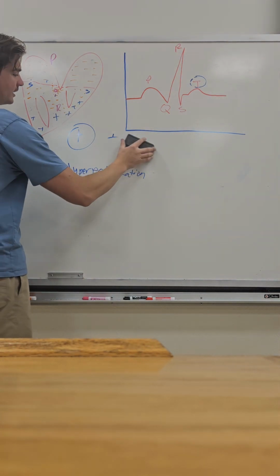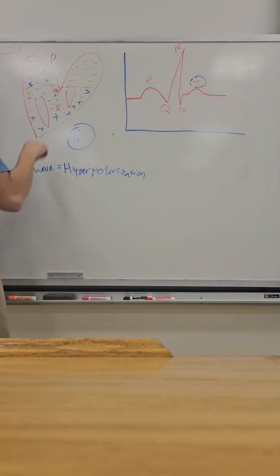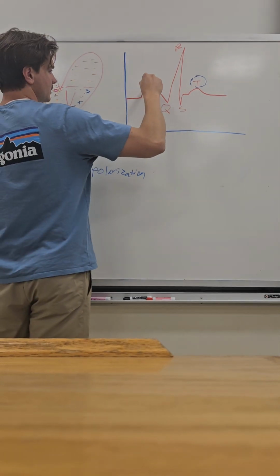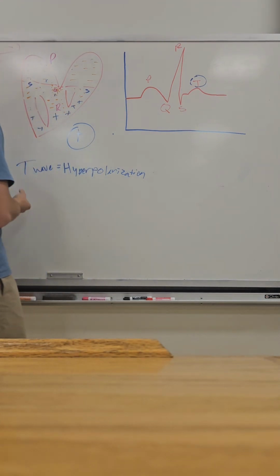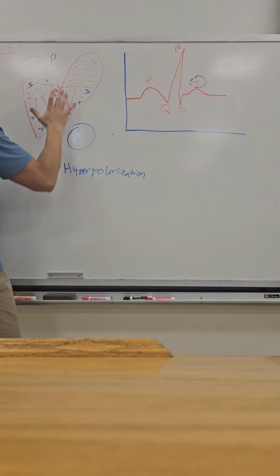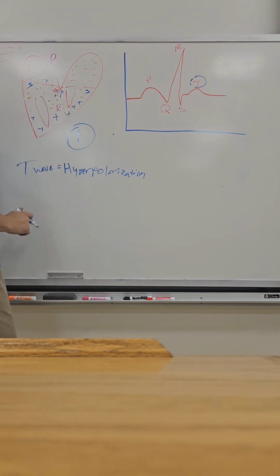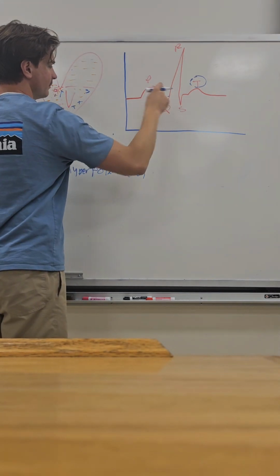Atria are not very large compared to the ventricles, and so that's why the P wave is just a raised bump like that. And then this weird part of the heart will actually depolarize from the positive to the negative, and it'll make this little dip right there.